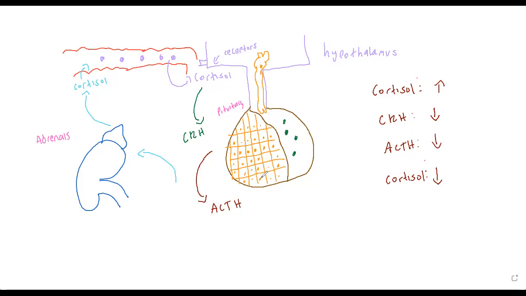So in a case like that, there's a tumor that forms on the pituitary, which is actually fairly common. It's going to ignore whatever signal it gets from the hypothalamus. It doesn't care. It would just secrete as much ACTH as it wants to.